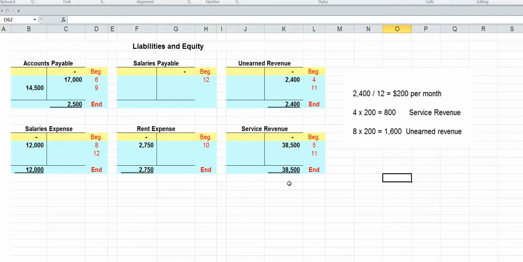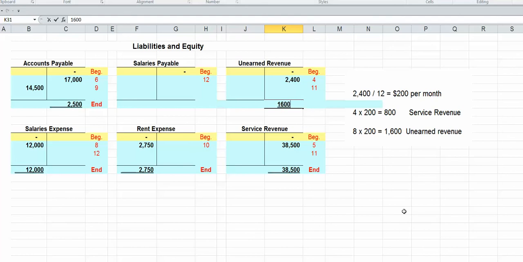But during the course of a year, we probably have quite a bit of different revenue transactions, and it's more difficult to look at that ending balance to revenue and know whether all of our revenues have been recorded. It's easier typically to look at a balance for unearned revenue. And in this case, we know our unearned revenue should have a balance of $1,600 instead of $2,400.